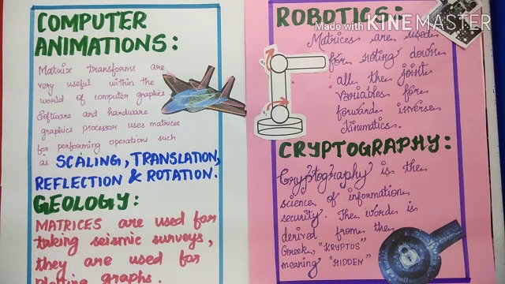And the most appropriate use, we say, is in robotics, where the orientation and positioning is important, we are using matrices. And moreover, we have a special field called cryptography, wherein coding is used. Coding and decoding of secret messages are done using matrices.